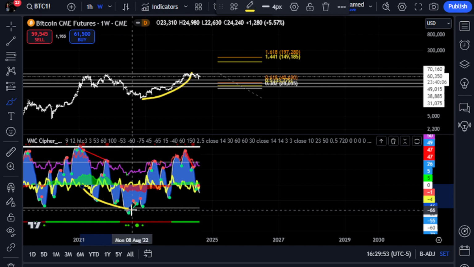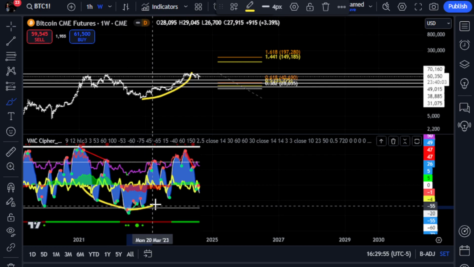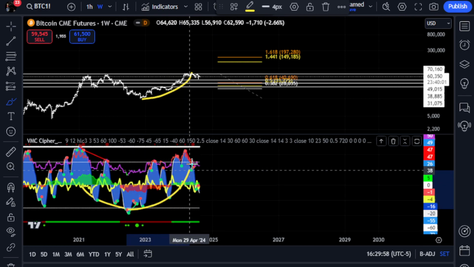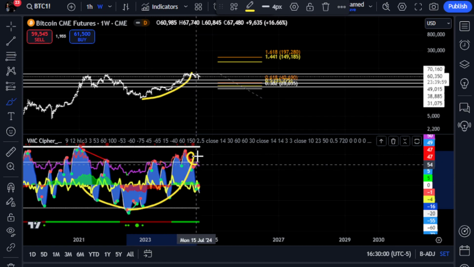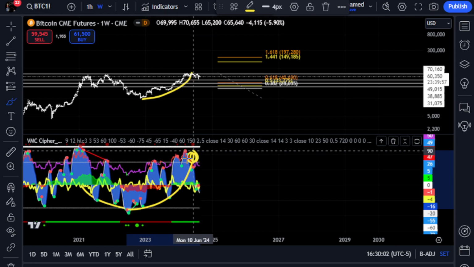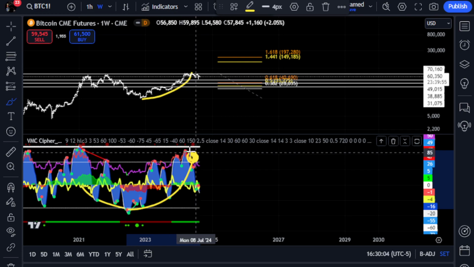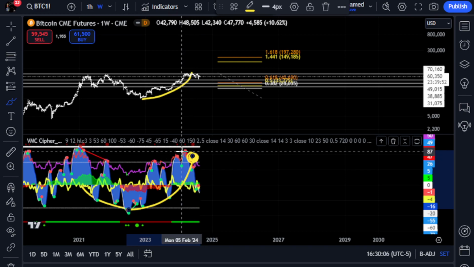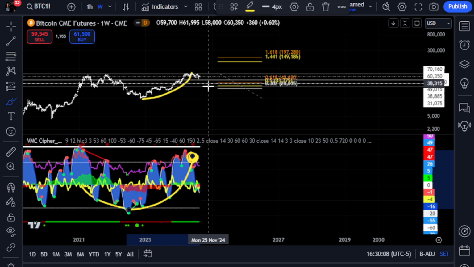Look at that curvature. Then we see that curvature shift to the upside. And following that rate of change, we should be looking for a top right in about here, which is why I am open to coming back down and retesting this $32,000 to $42,000 area.